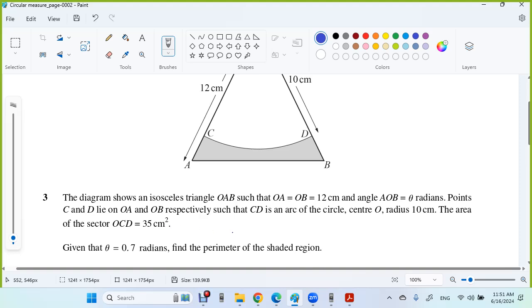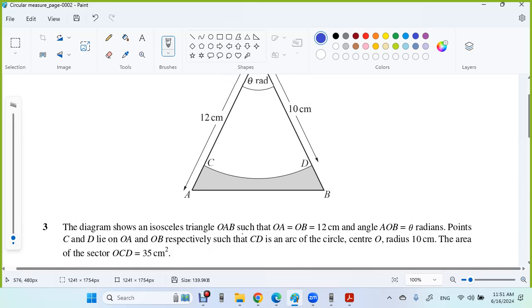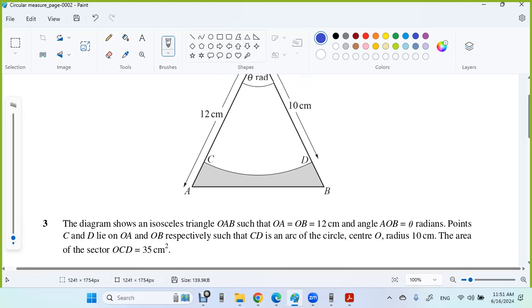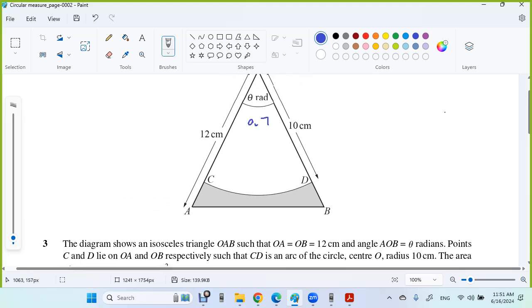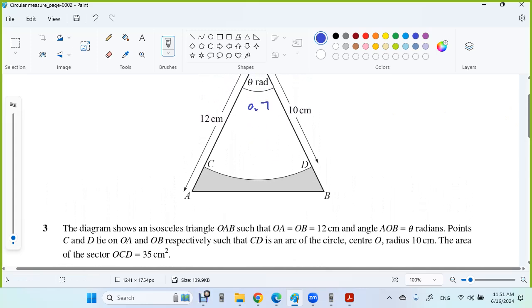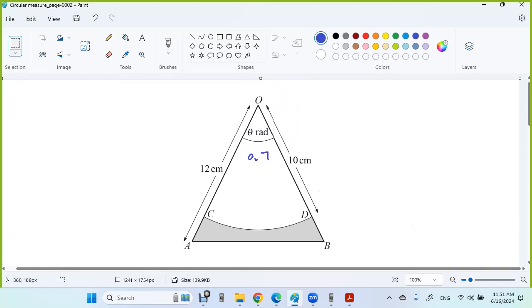Find the perimeter of the shaded region. Okay, so theta here, not given. Theta is given 0.7 already. Okay, so they want us to find the perimeter of the shaded region.